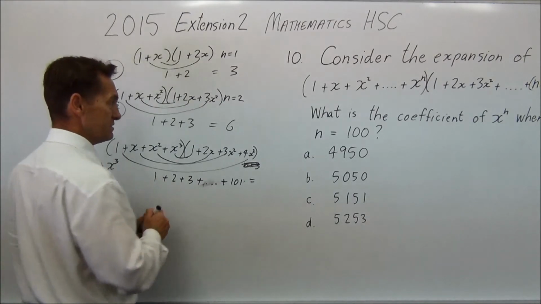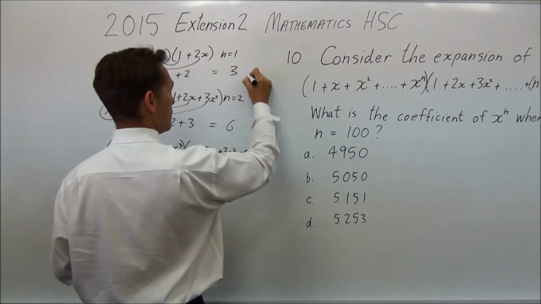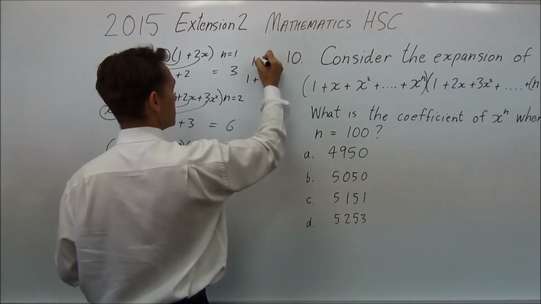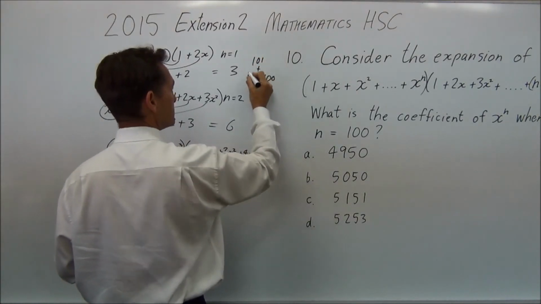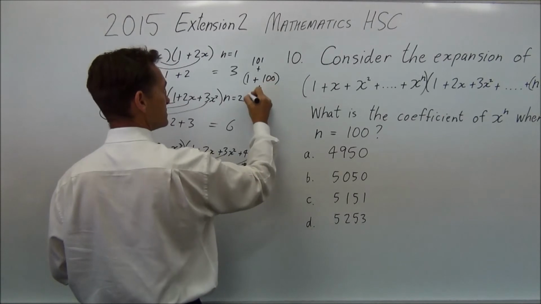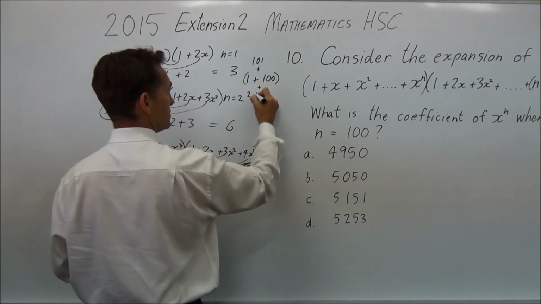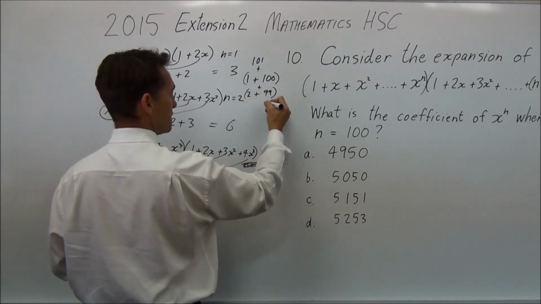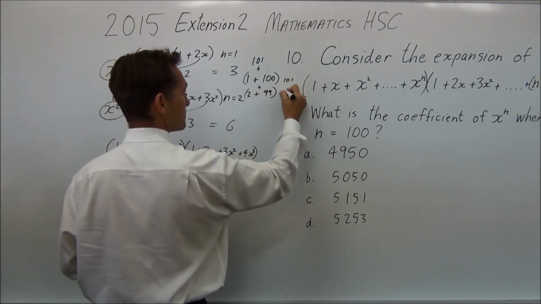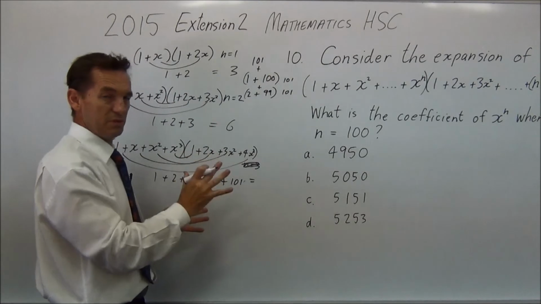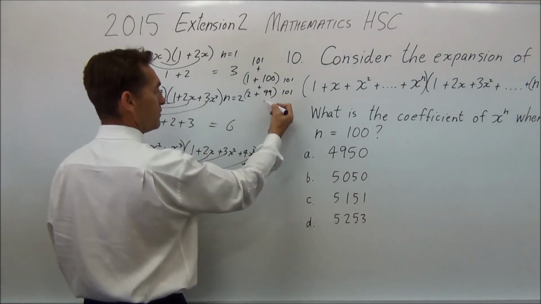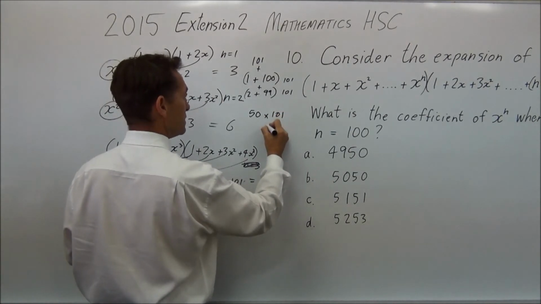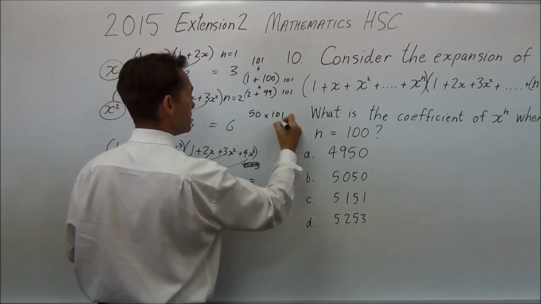But you can use Gaussian by going, okay, I've got 1 plus 100, so that's 101, plus 2 plus 99, and all of these are 101. You should be familiar with that sort of thing. So here I've got 50 lots of 101 plus another 101.